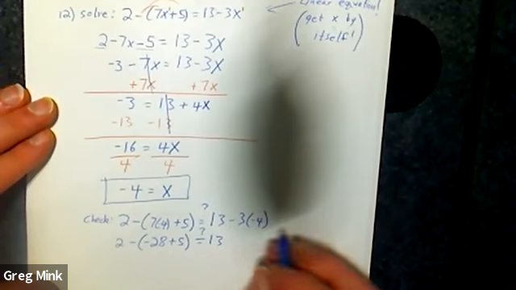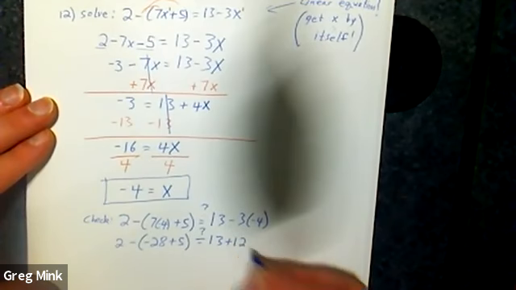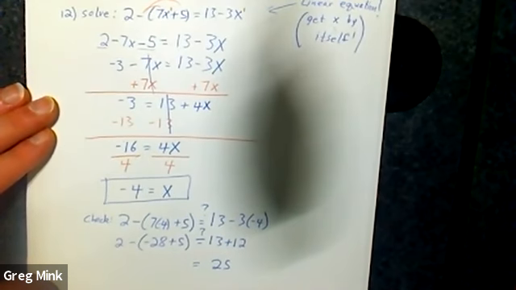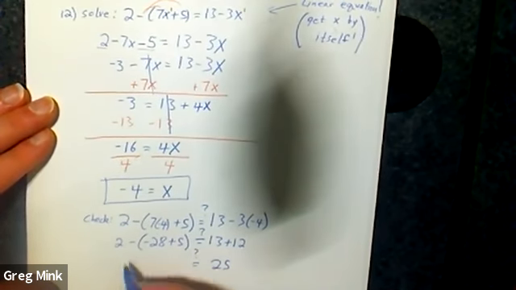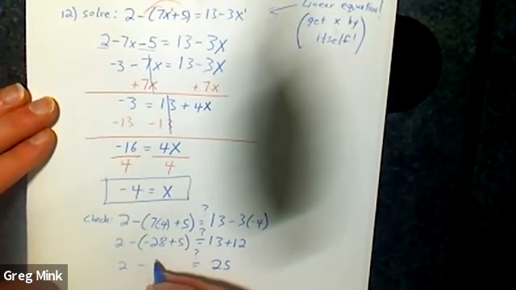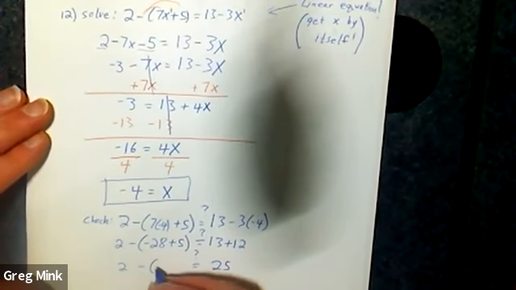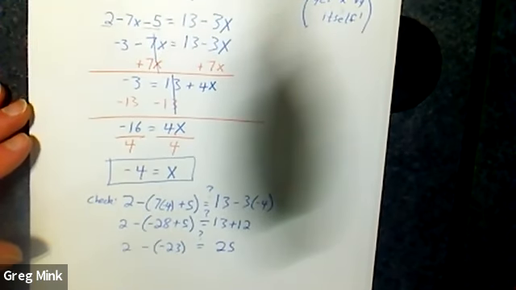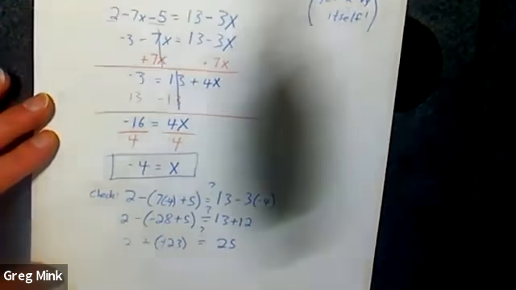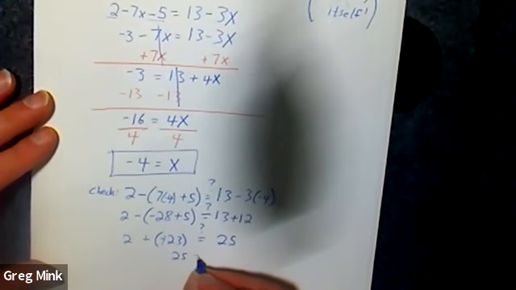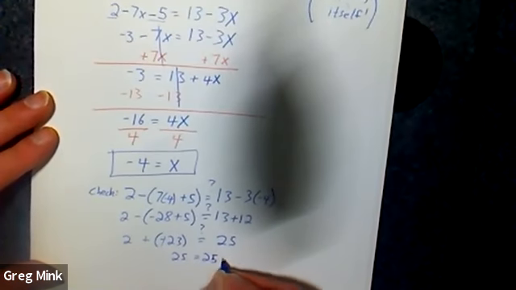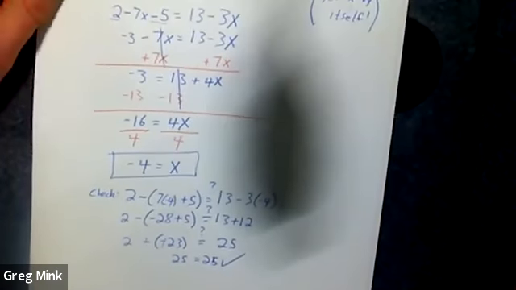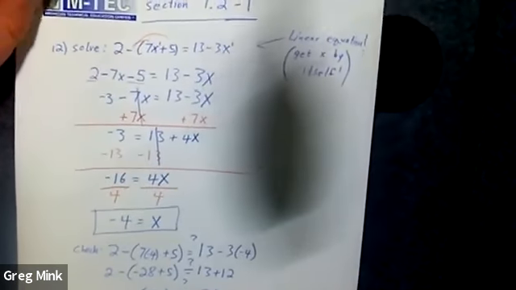This is going to be minus a negative, so plus 12. 25 equal to, let's see, 2 minus, looks like this is going to be a negative 23. What's 2 minus negative 23? Oh, that's 2 plus positive 23. So 25 equals 25. Hey, that checks out. Awesome. You don't have to check them, but why not, especially if it's an exam?